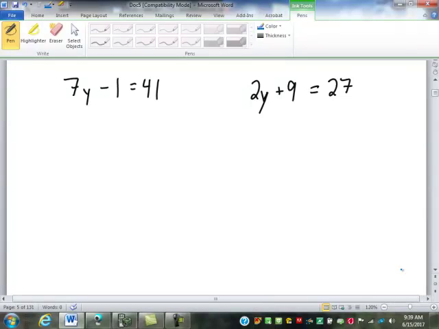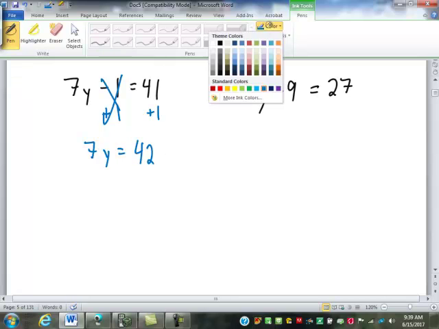Take a look at the one on the left here first. 7y minus 1 equals 41. Now we're just going to jump right in and solve this. What's the first thing we have to do to solve it? Add 1. Add 1. So that takes that piece away, giving us what? 7y equals 42. Okay.